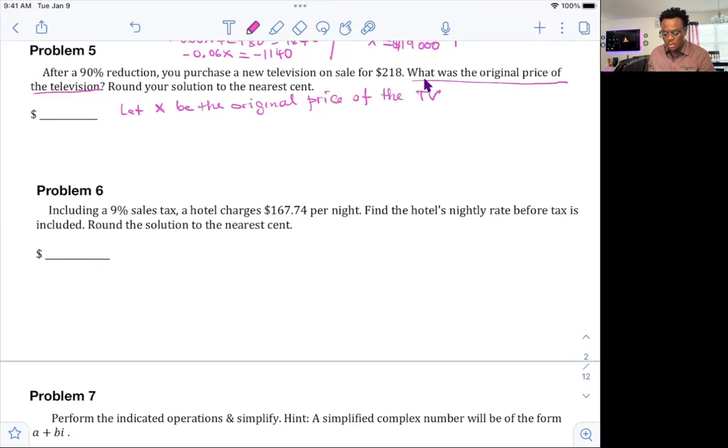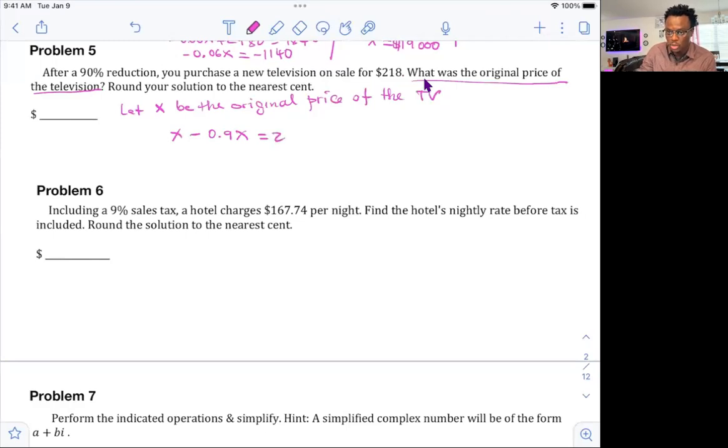So that means we would have X minus, because you do a reduction, after the reduction, that's what you have. X minus 0.9x, you do a 90% reduction. That means you take away 90 divided by 100 times x, equals the price that you bought the TV for.